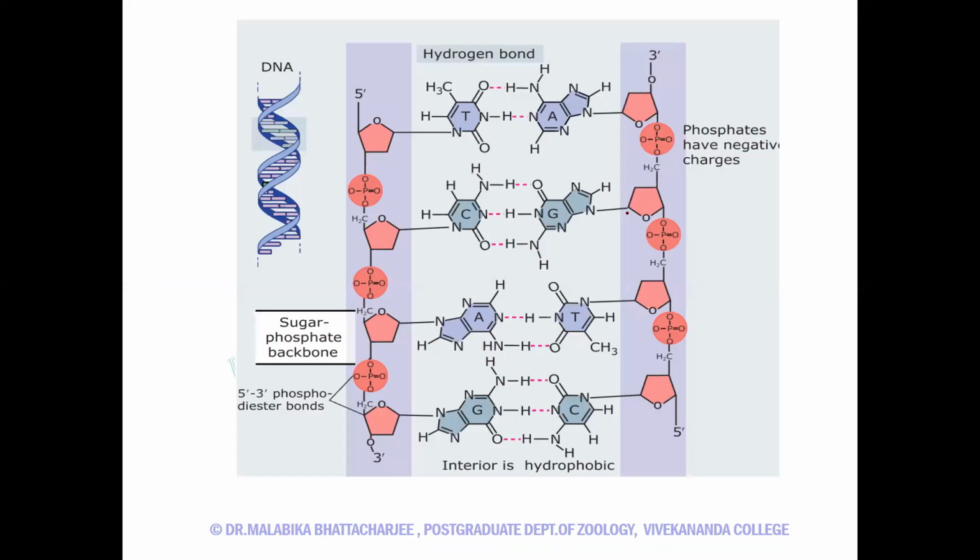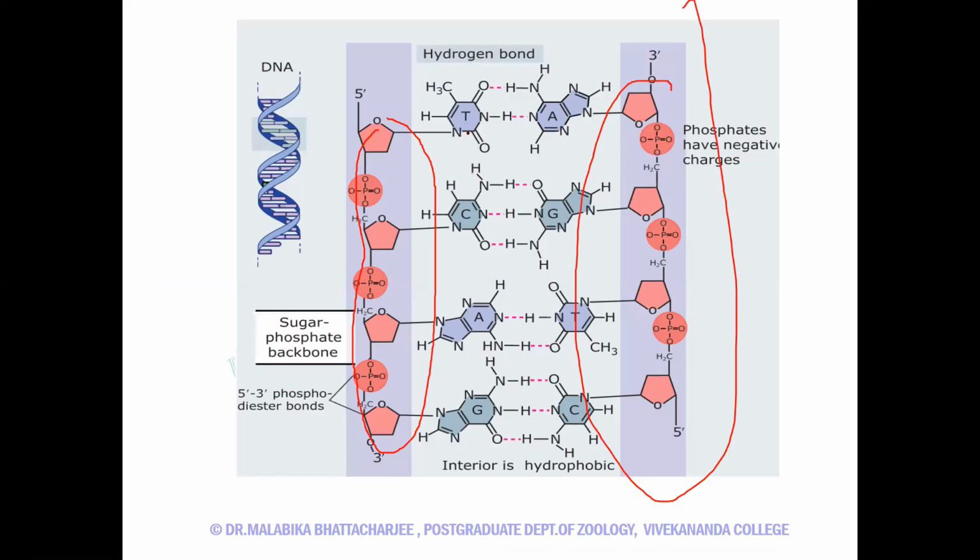So this is the basic, very simplified structure of the DNA double helix, where we have a sugar phosphate backbone, as you can see. We have the nitrogenous bases protruding inward, and we have a double bond situation and a triple bond situation.